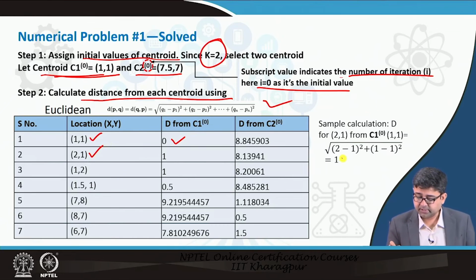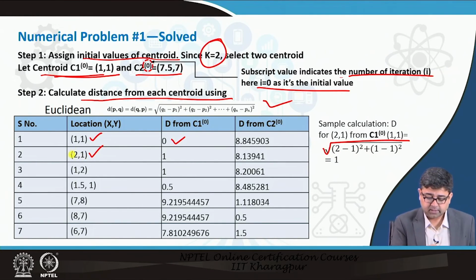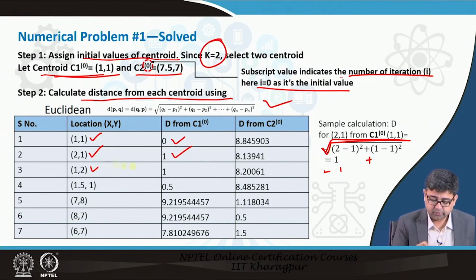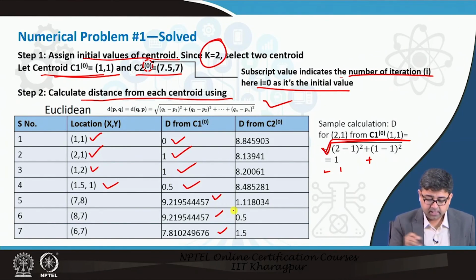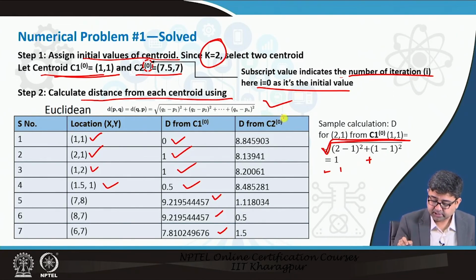For this one, all you have to do is subtract 2 from 1, square it, plus 1 minus 1, square it, and then take the square root of the entire thing, which will give you the Euclidean distance of 1. Similarly, you do it for all of the other values, and you calculate the distance from your second centroid as well.